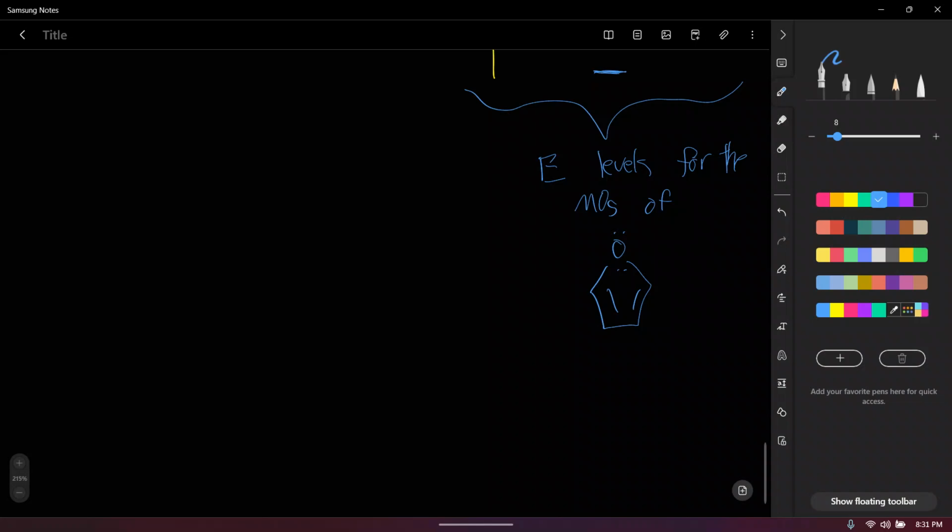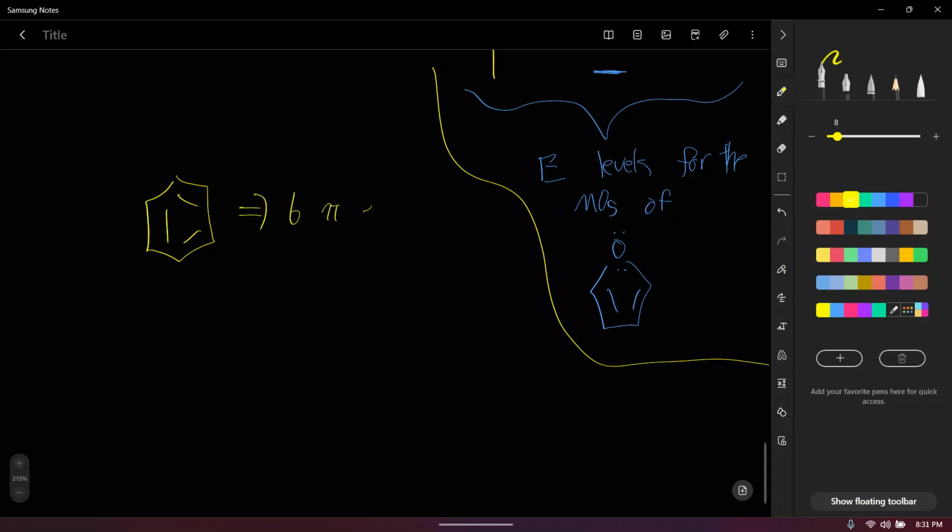Alright, good. So now that we know that, we can actually fill in the electrons. Let's talk about what makes an aromatic compound like benzene so stable. So that's what benzene looks like. Benzene has 6 pi electrons, and I know the energy level of benzene's molecular orbitals, based on my Frost circle, looks something like this.